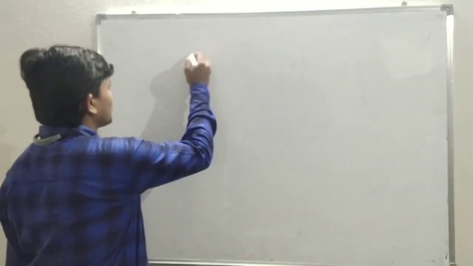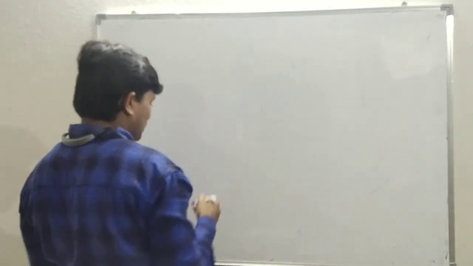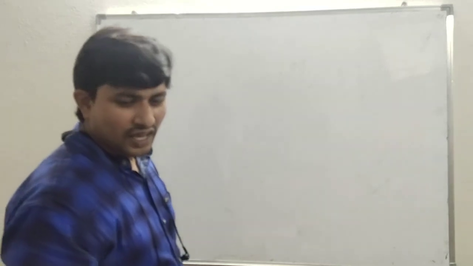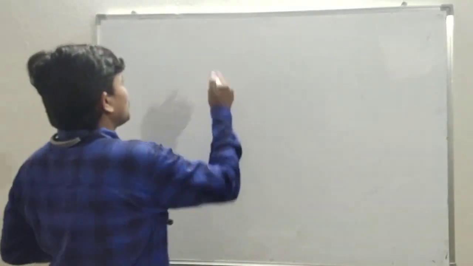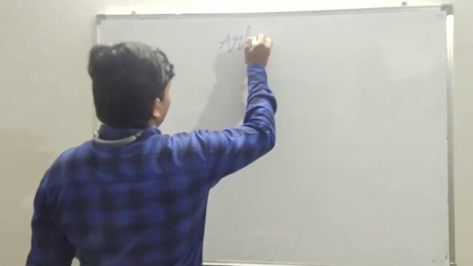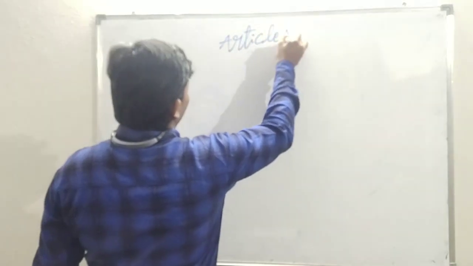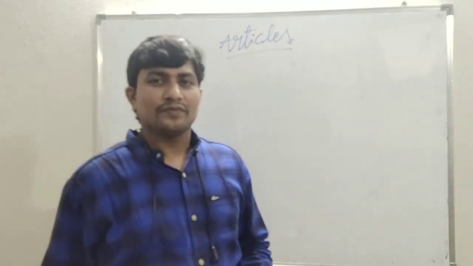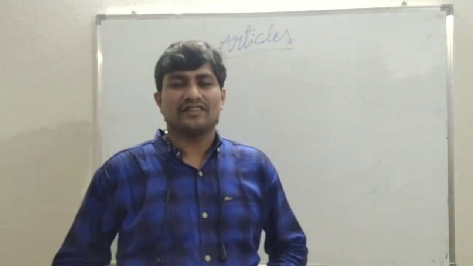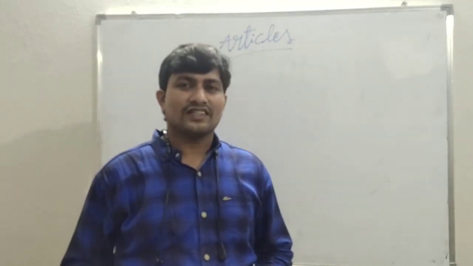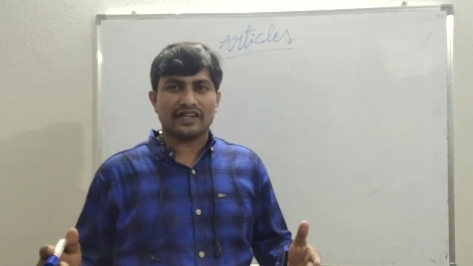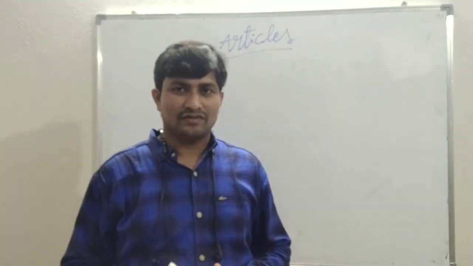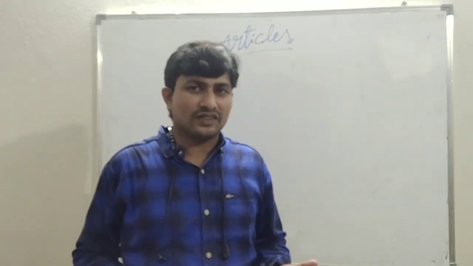So we are going to discuss now articles. Articles are one of the kinds of adjective. So we discussed what the kinds of adjective are.